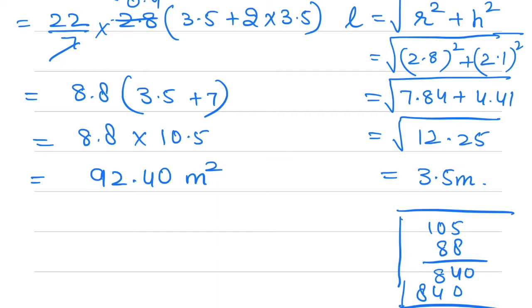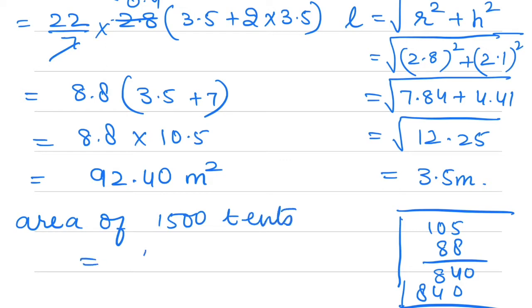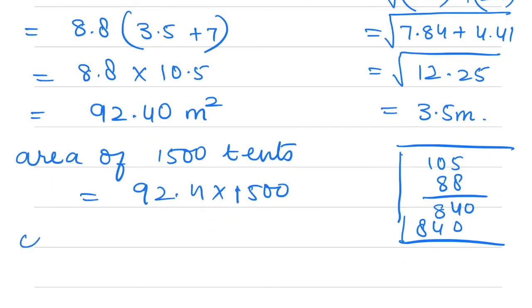So now area of 1500 tents would be equal to 92.4 into 1500. So therefore cost is equal to area into rate. Rate is 120 per square meter.